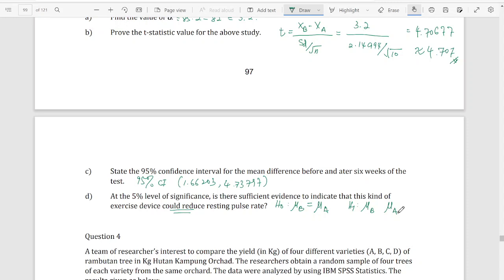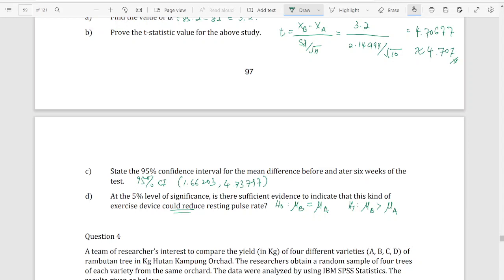We want the difference to be positive. When the difference, before minus after, is positive, then we get a reduction. If you use after minus before, then it will be the reverse, so instead of greater you have to use smaller. But for this situation, you have mu b greater than mu a.